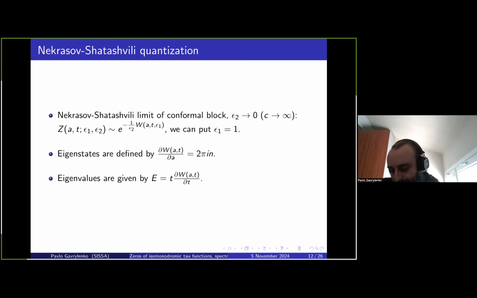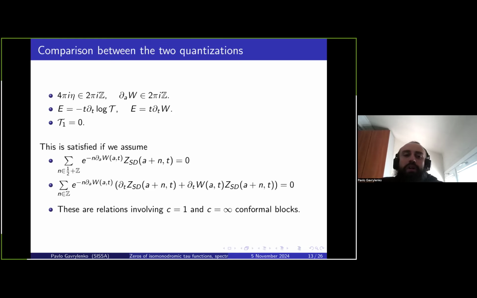So if we know this, and we know the quantization conditions, we can ask what is the precise relation between them. In one case, we had some eta, which was monodromy data, and it should be quantized.